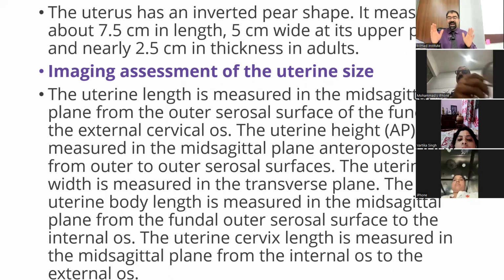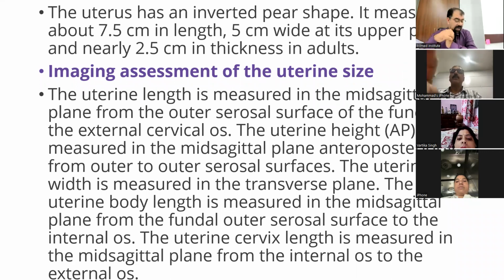No, so I cannot take length in a transverse section. I can take length in longitudinal section only. So the answer to this question in one line is that if we are having more than the normal, that will be a bulky cervix or a bulky uterus, but you have to add 1 centimeter to this 7.5 if you are dealing with a multigravida uterus.